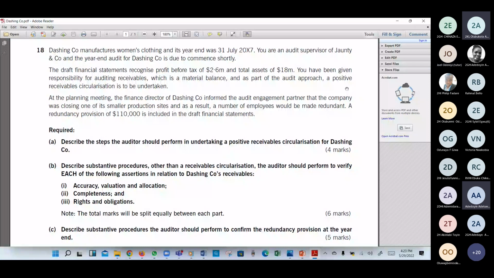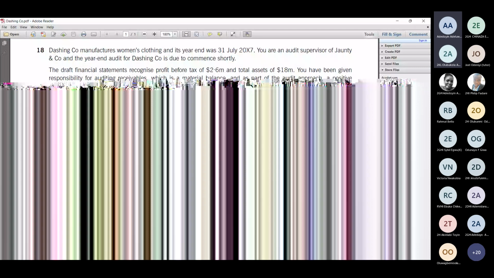Okay, sorry. I would say that Johnson and Co should seek permission from the audit client before they can undertake a positive receivable circularization. That's my first point.